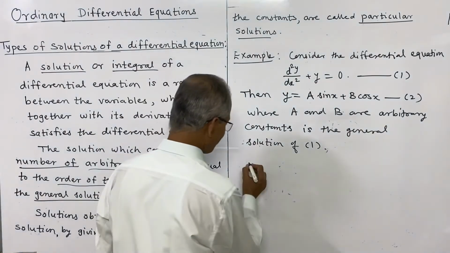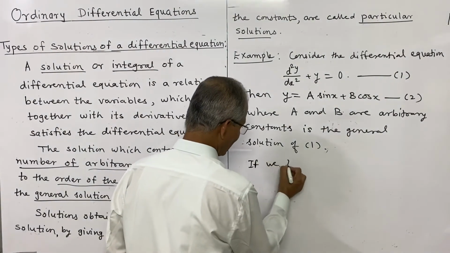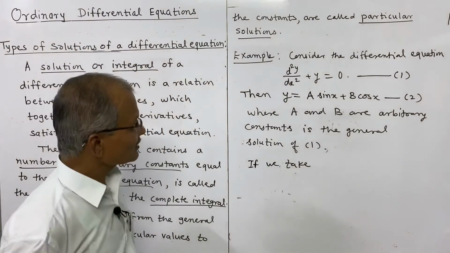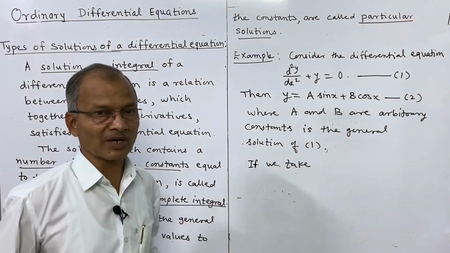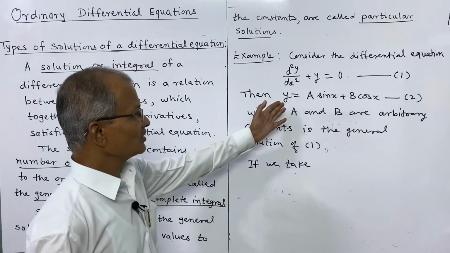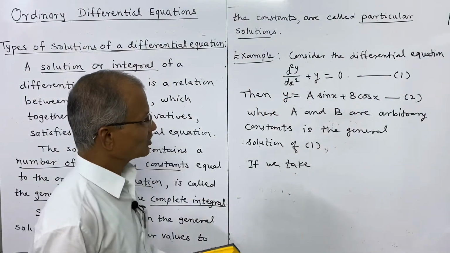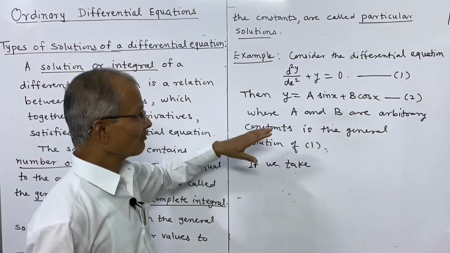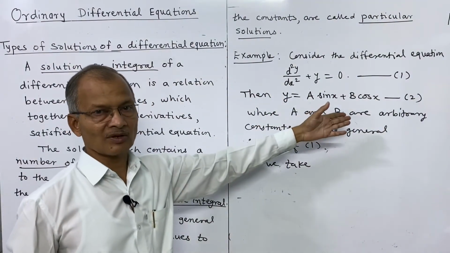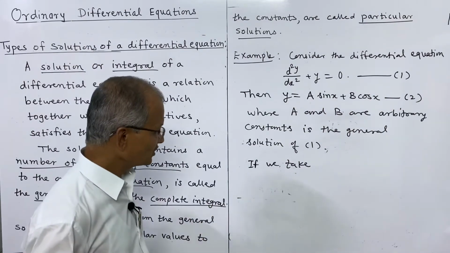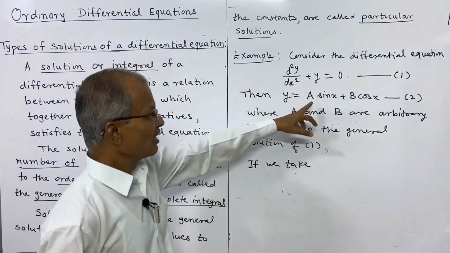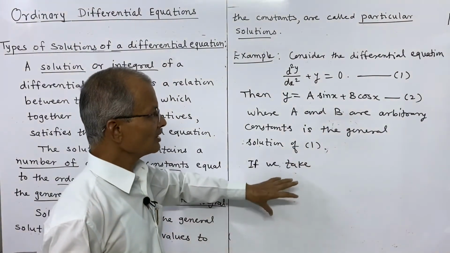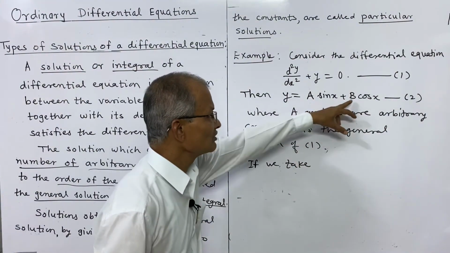The constants can be decided by imposing some conditions, that is, when x is 0, y is 0, or when x is 0, y dash is 1, like this. Using the given conditions we can get the values of a and b.